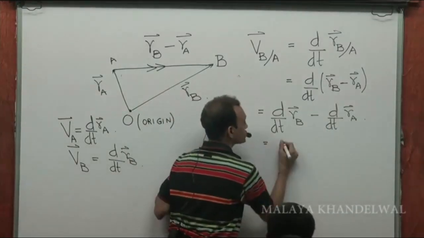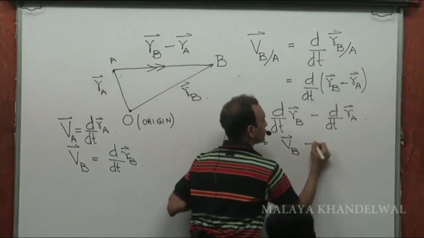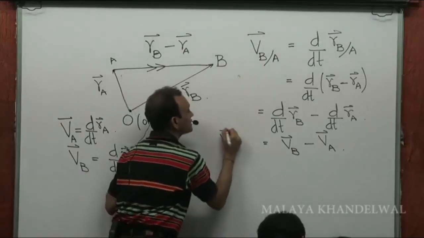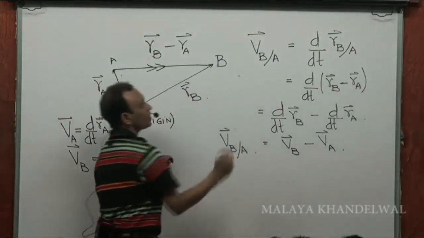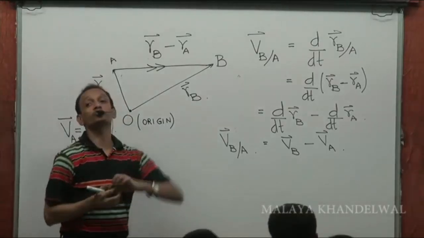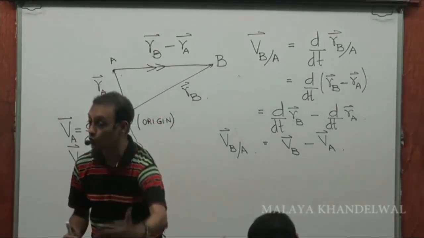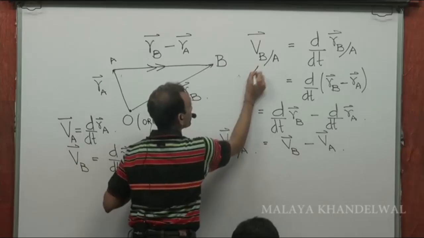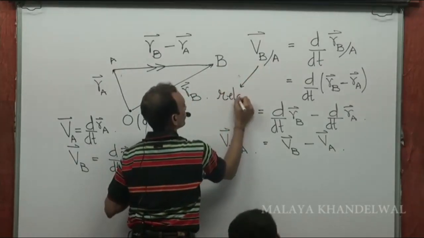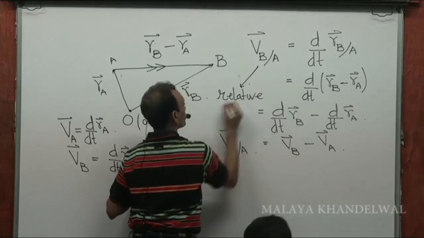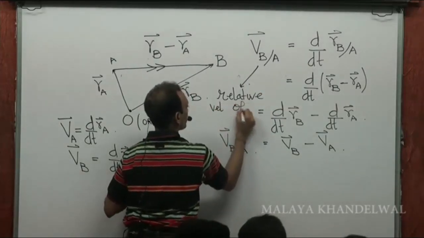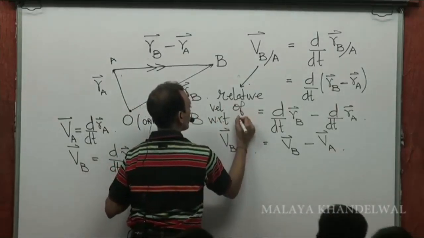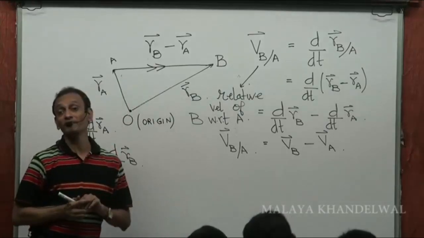So this is going to be velocity of B as seen by O minus velocity of A as seen by O. This gives me velocity of B as seen by A. This is velocity of B as seen by A. This is also called the relative velocity of B with respect to A.